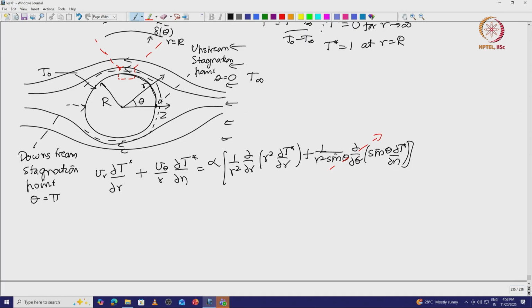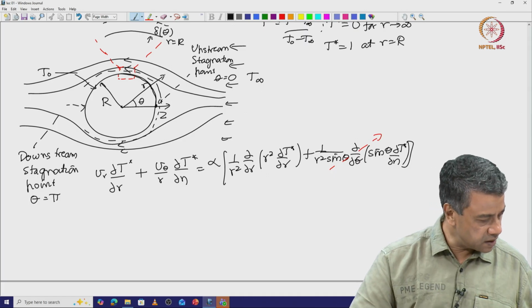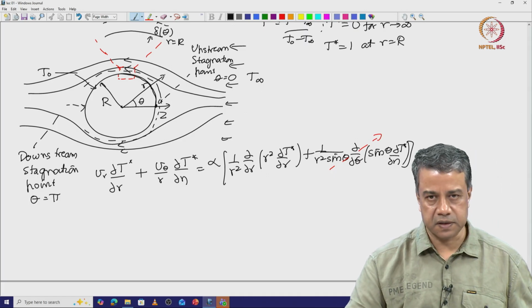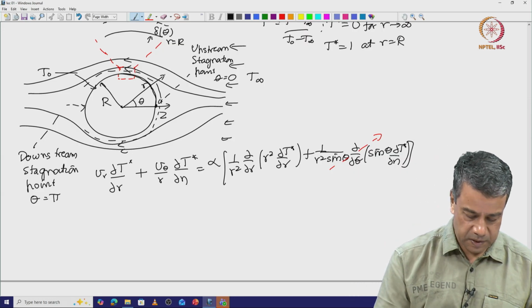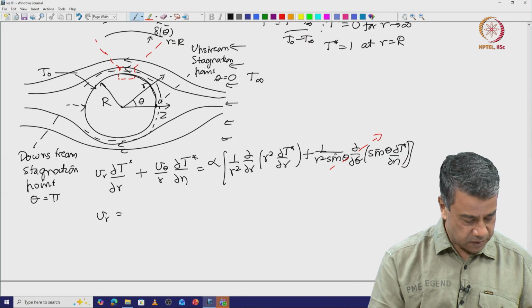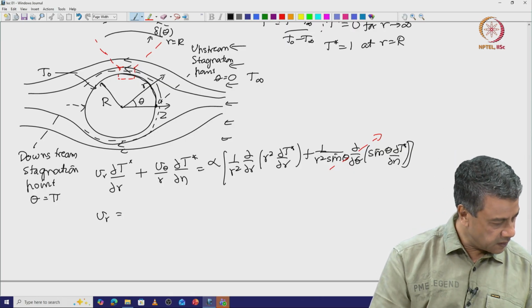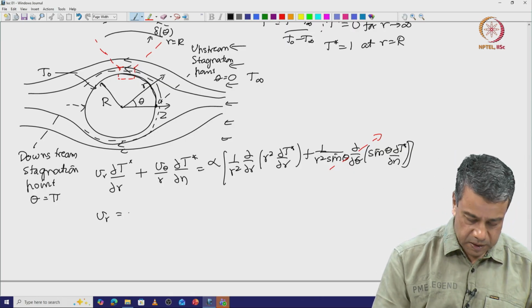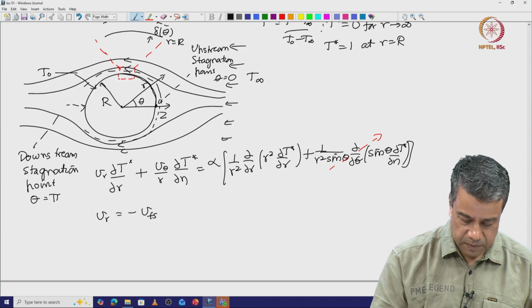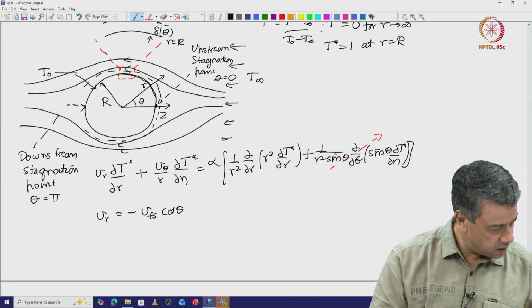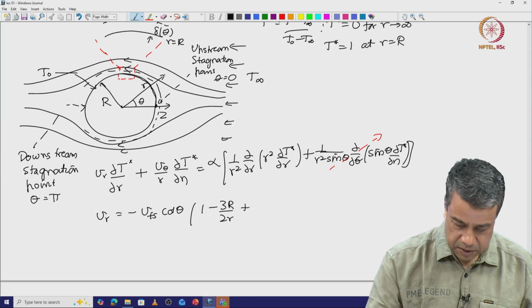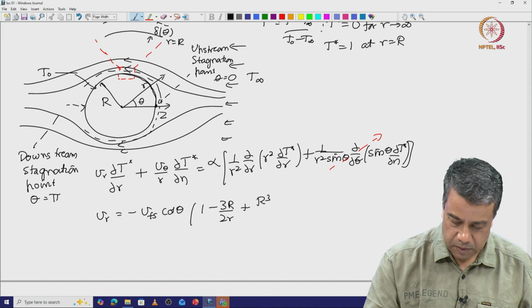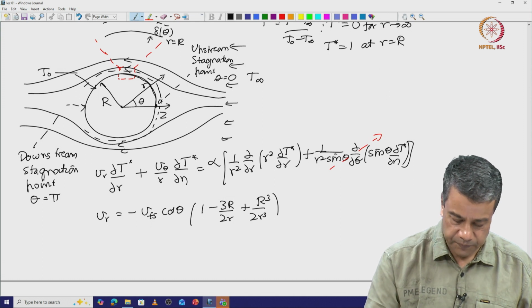The velocity components for the velocity field in this direction are defined for us. So, the velocity components are Vr is equal to minus V free stream cos theta into (1 minus 3R by 2r plus R cubed by 2r cubed).